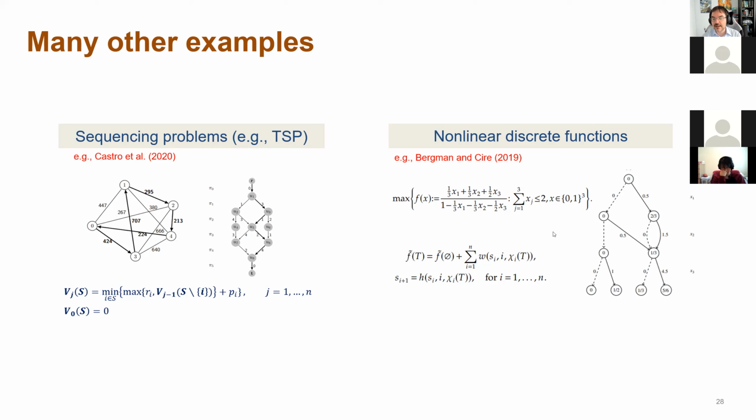This is the paper of David, and we show that you can actually formulate nonlinear functions, if the domains of the variables are discrete, as finding paths in this graph here, in a decision diagram kind of graph. And again, the cost becomes a little bit more complicated, but you gain a lot of power because you're essentially revealing network structure from nonlinear functions.